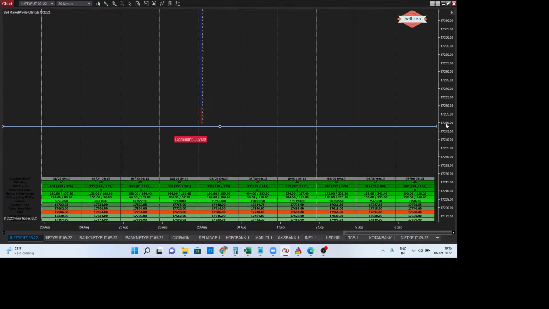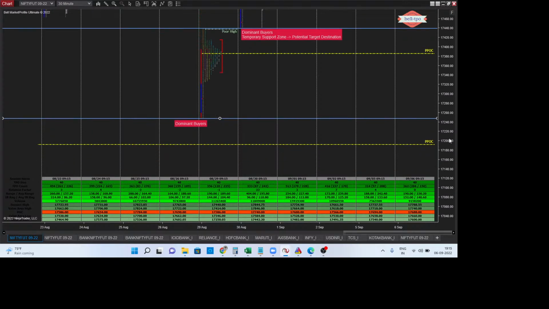That means 17,250 and 17,440 are the two important reference levels I've been considering as temporary support zones. These temporary support zones are likely to become potential targets going forward. So going forward, I'm expecting a potential target reference around these levels.